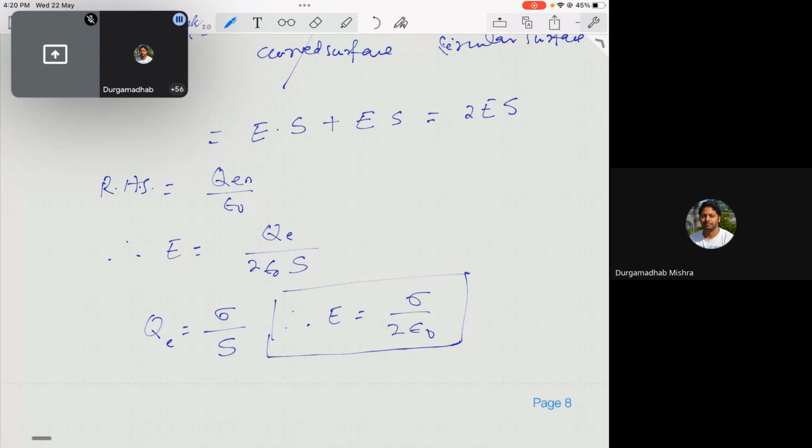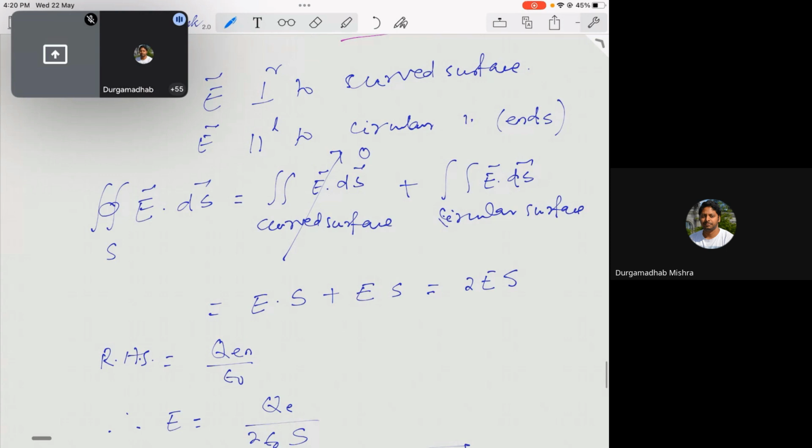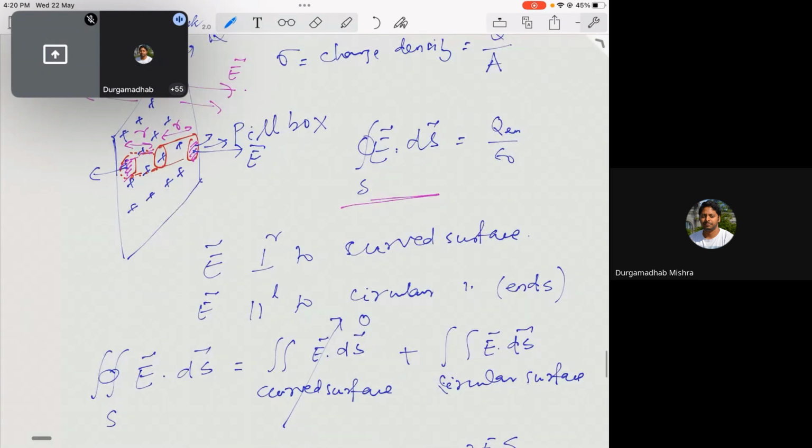And one thing we need to assume here is that we want to find the electric field at any point in space which is far away from this charge distribution, and we assume that this charge distribution is uniform and infinitely large, and also the thickness is very small, like a very thin or narrow sheet.